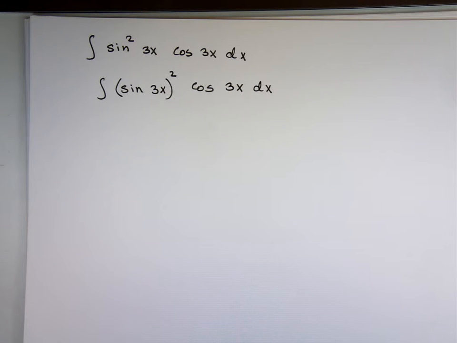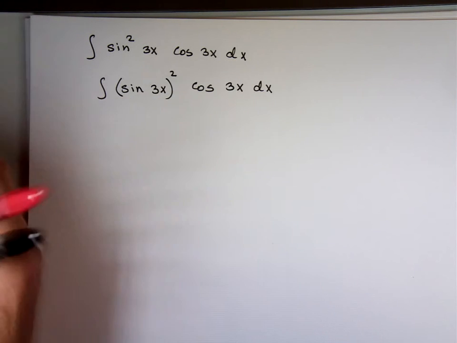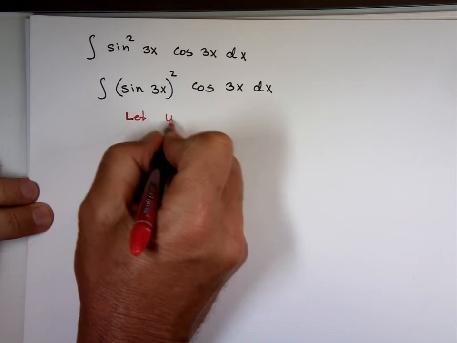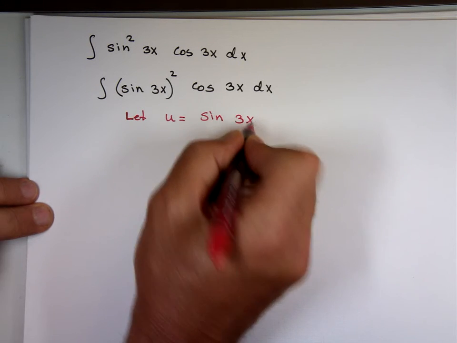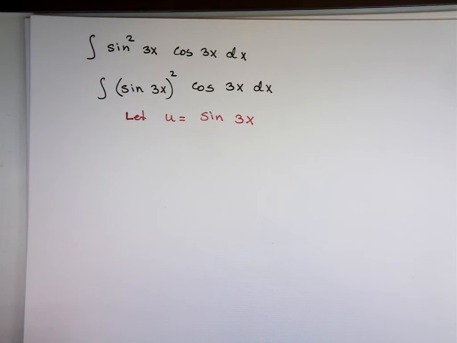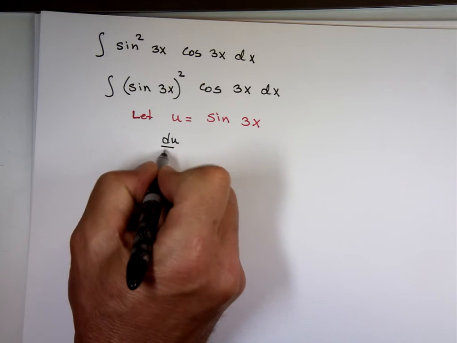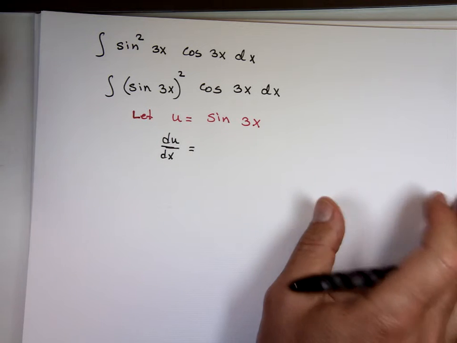And again, if you're not sure which one's which, if I let u equal sine 3x, what is the derivative of that? 3 cosine 3x.